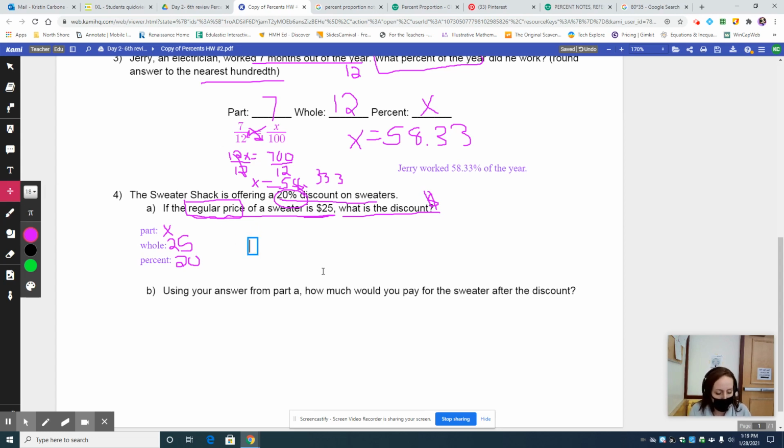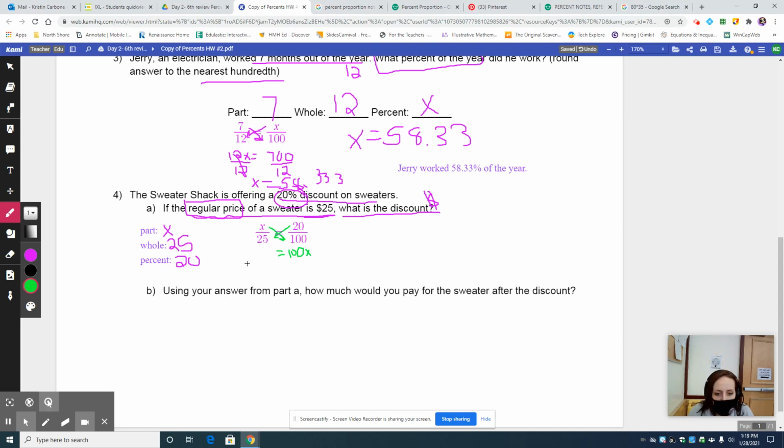So part over whole, x over 25 equals percent over 100, 20 over 100. Then we need to cross multiply and solve. So we have x times 100 is 100x. Bring down your equal sign. 20 times 25 gives you 500.